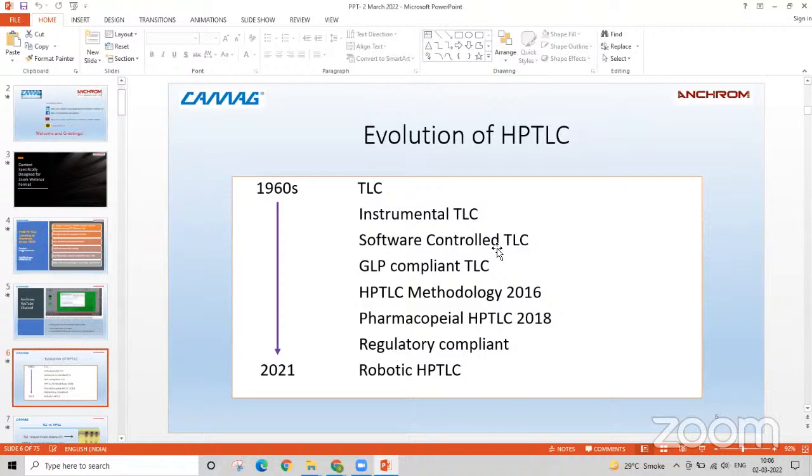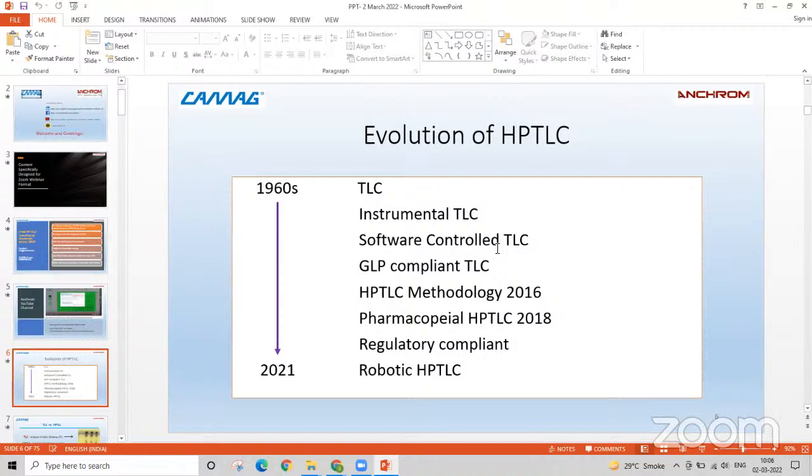To avoid this, or to bring standardization in the system, HPTLC methodology was introduced in 2016, and now it is official in United States Pharmacopoeia from 2018.